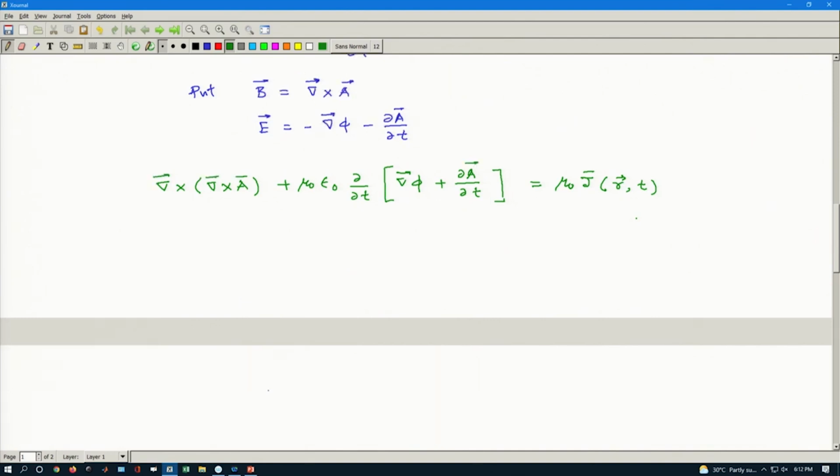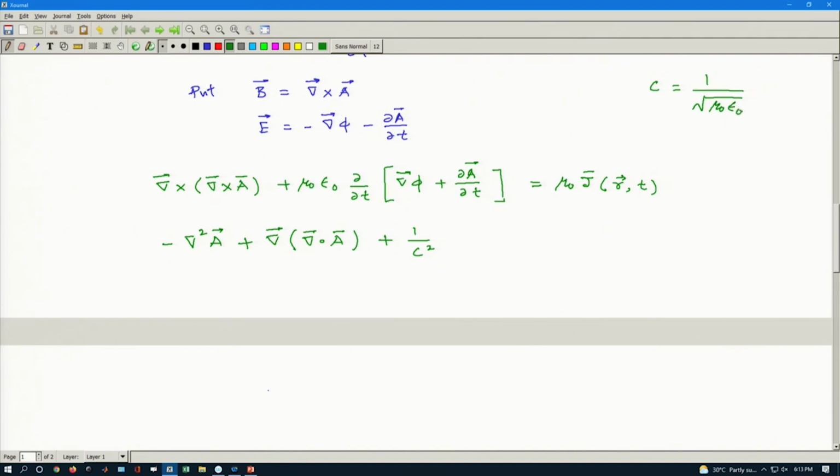Okay. So, this term, if I want to simplify, then we know the famous identity, it should be Laplacian A, then minus of, sorry, then plus gradient of divergence of A, and then we have 1 by mu 0 epsilon 0, which I now write like 1 by c square, because we will see later that c, which is the velocity of light, can be represented in terms of mu 0 and epsilon 0 in this way.